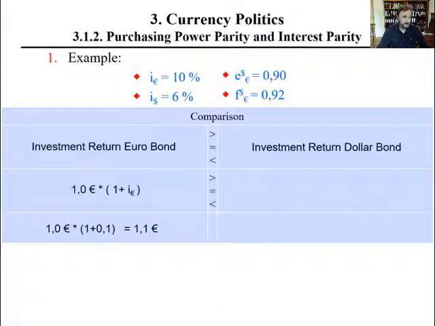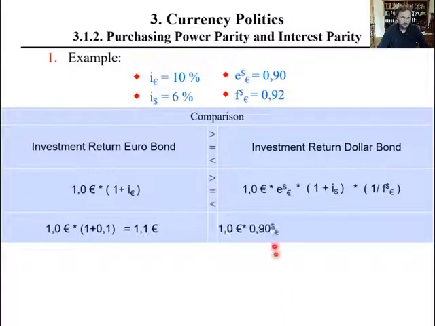However, if we want to make a dollar investment, we have now to use a lower spot exchange rate. The formula is of course the same, only the number is now smaller. It is not 1, it is $0.9 per euro. So this leads to a lower amount of dollars which we receive. So we can invest less money in the dollar bond.